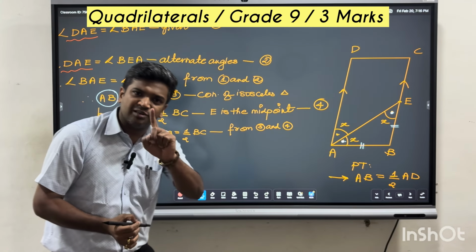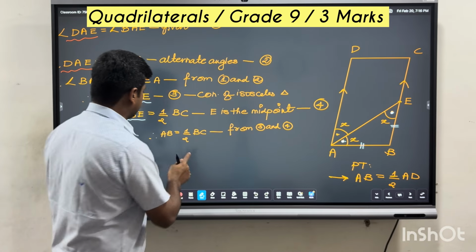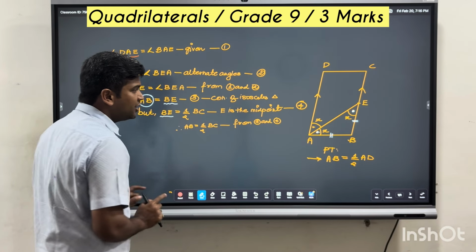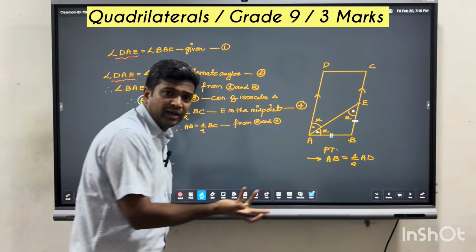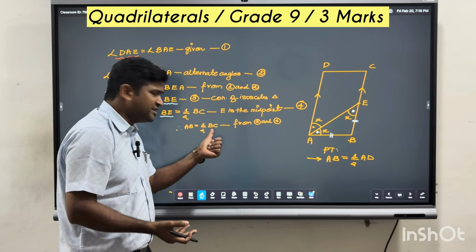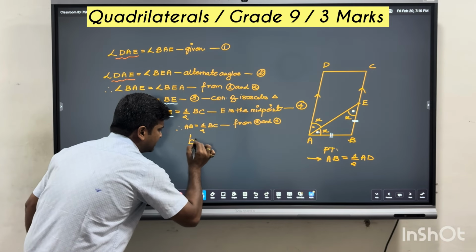Now children, everyone knows ABCD is a parallelogram, in which opposite sides are equal. So opposite sides are equal, which means BC is equal to AD. Now come on, BC I can replace by AD.